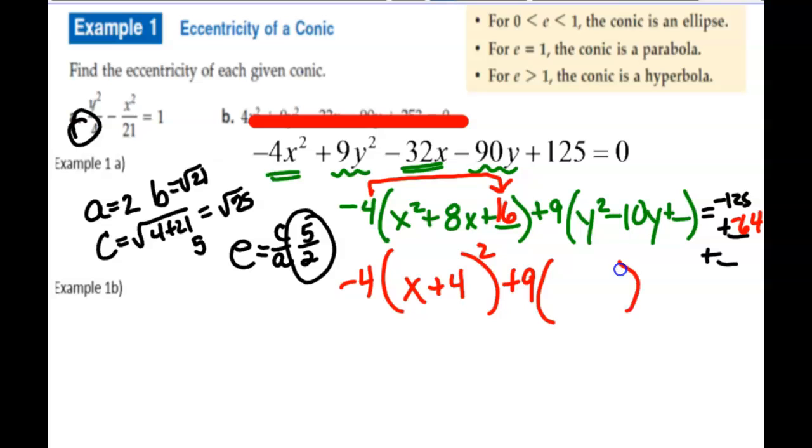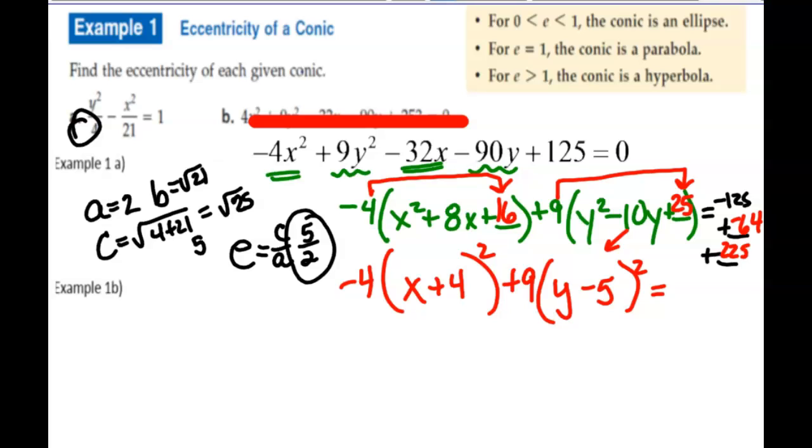Now, just looking at what's in the parentheses, y minus 5 squared means in the blank goes a 25, but 9 times 25 is 225. So on that side I have -125 minus 64 plus 225. I got 36.